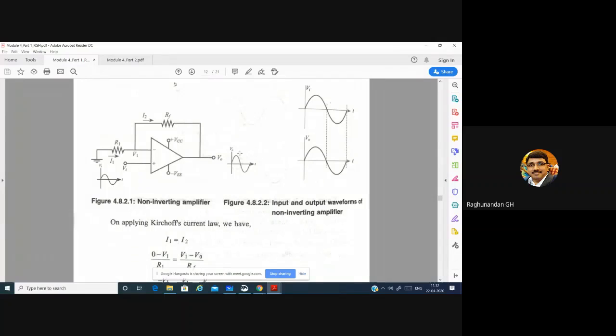Can anyone tell me, instead of having this feedback resistance connected with the output and input to the inverting terminal, if you connect it to the positive terminal, what will happen?